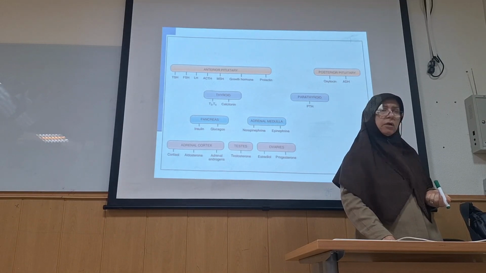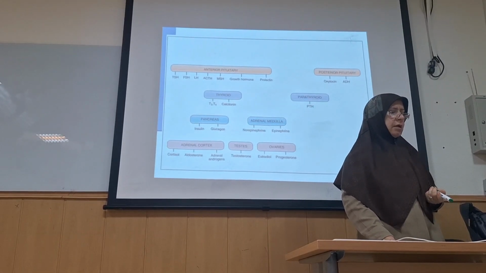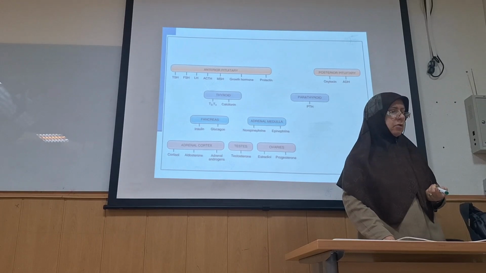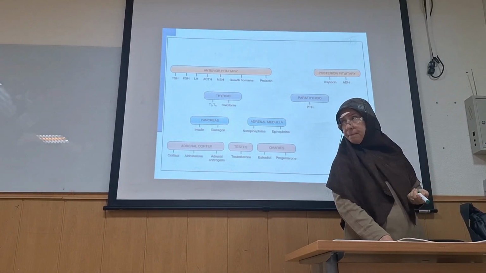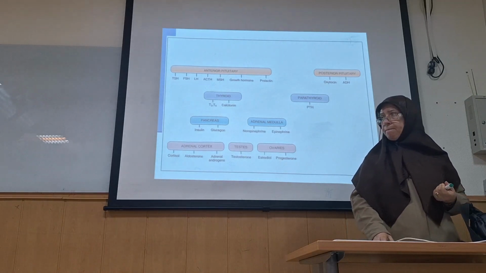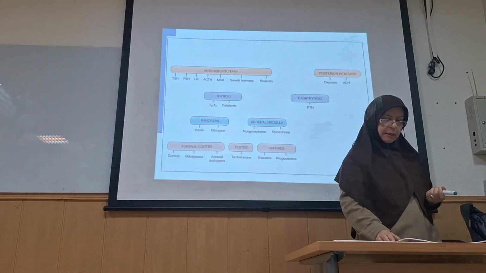Adrenal cortex: cortisol, aldosterone. Testis: testosterone. Ovaries: progesterone, estrogen. Okay. These are classic glands or principal glands.